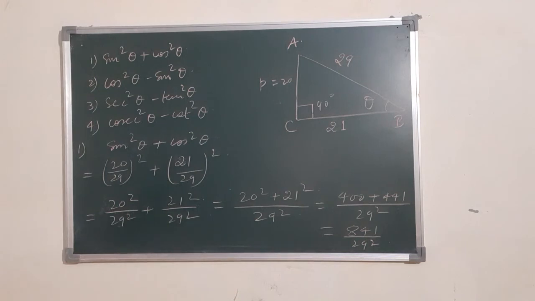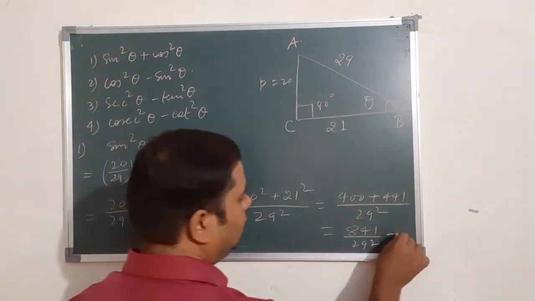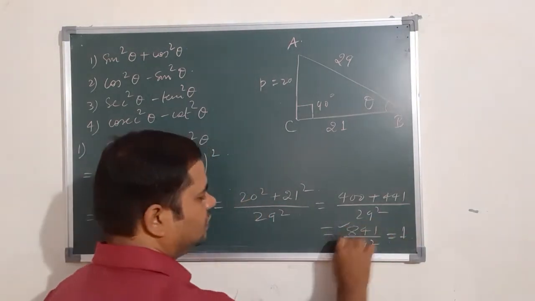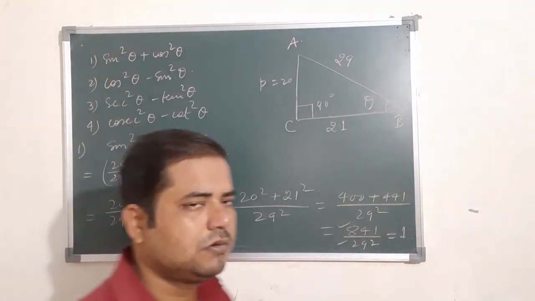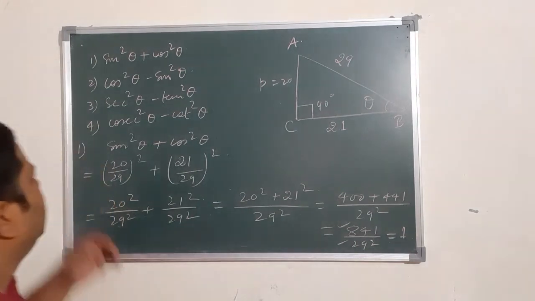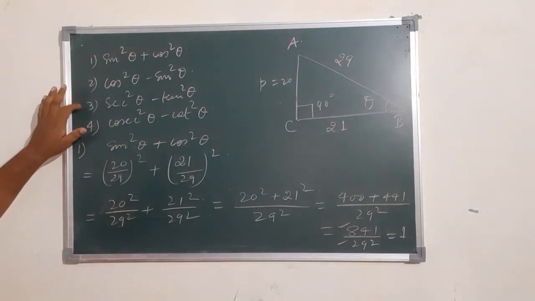So this is one only, because 29 square is 841.